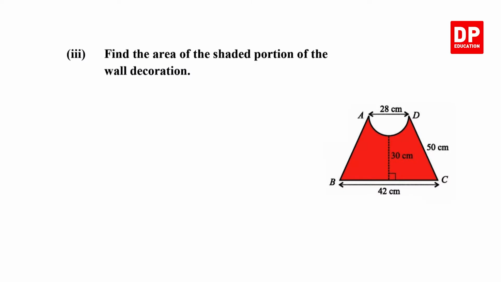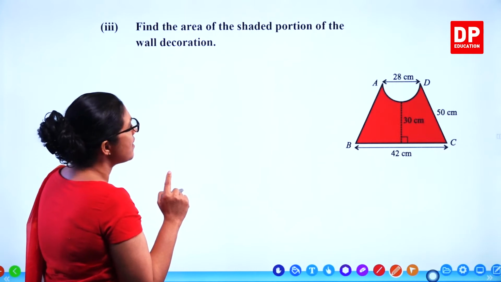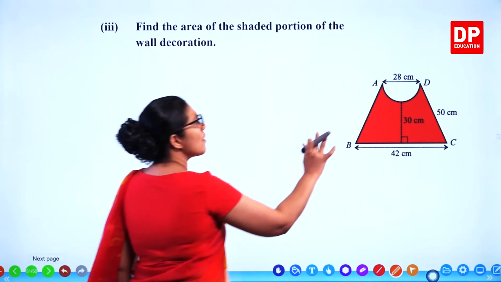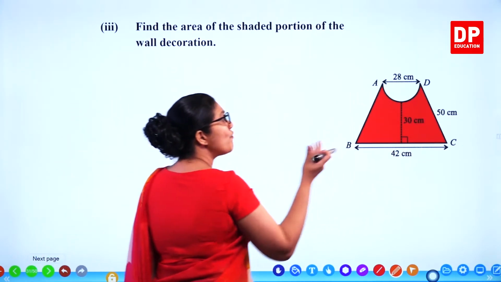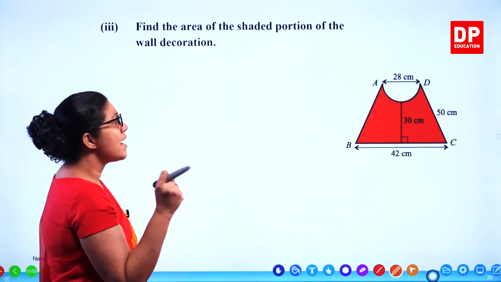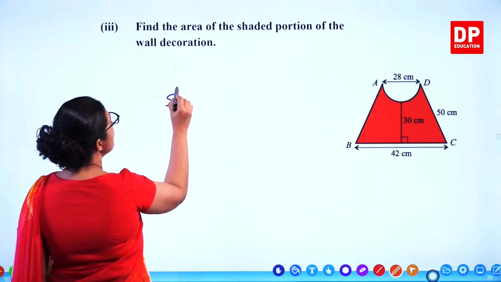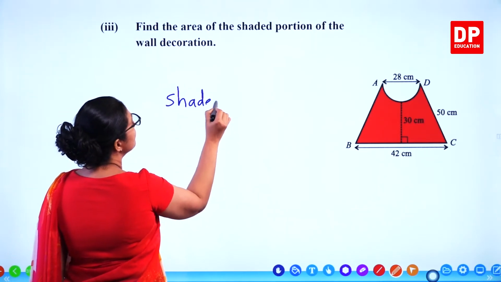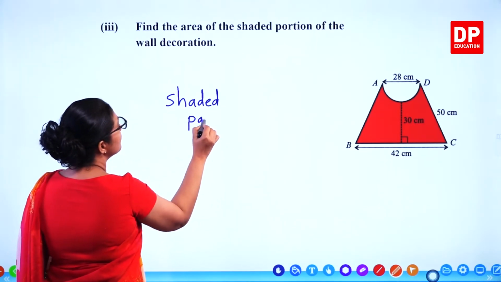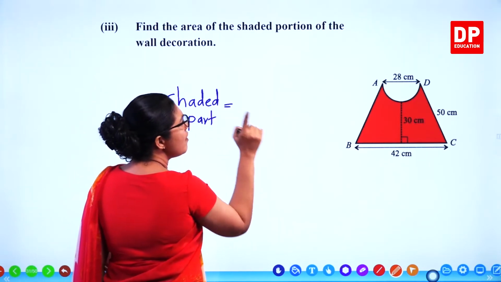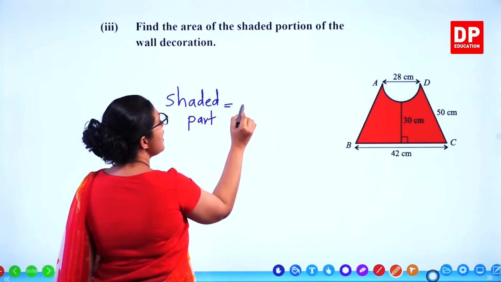Part 3, find the area of the shaded portion of the wall decoration. We can find out the area of the trapezium minus the area of the semicircular part. So the shaded part becomes the area of the trapezium. How do you find out the area?